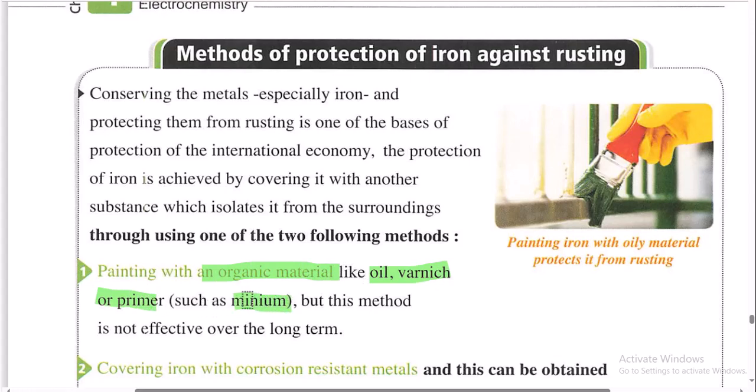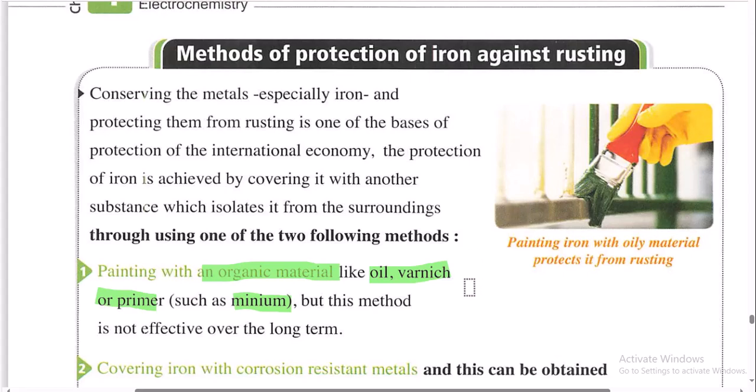This method is not effective over a long time, as the organic layer itself corrodes or goes away, or by the act of friction will go away from the surface of the metal. Then the metal will be corroded after that.